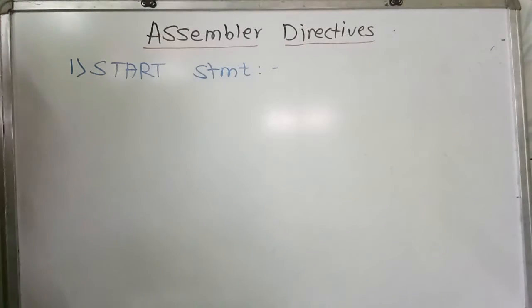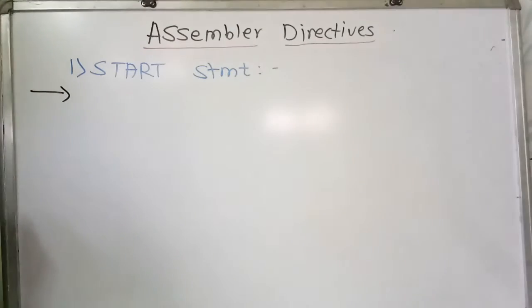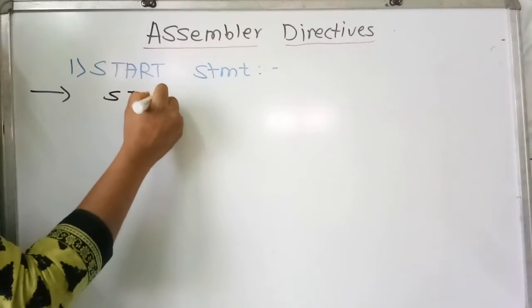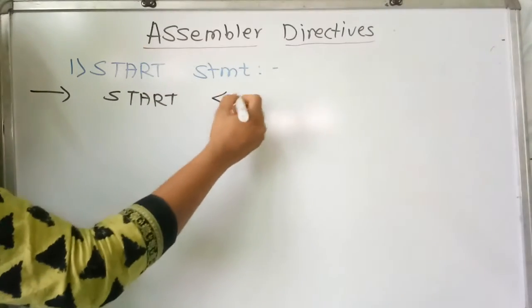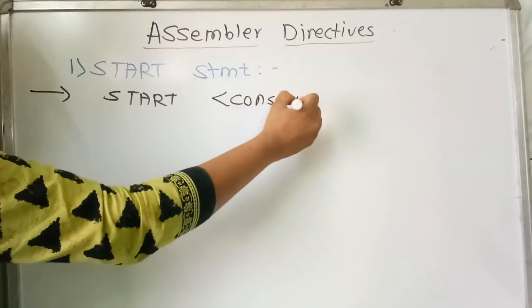So, first of all, we will take its syntax, then you will get the detailed idea. What is the syntax? You have to write the statement like start, and then in front of that you have to write one constant.